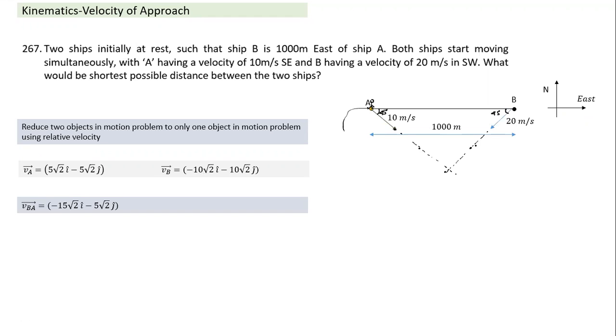To find the relative velocity, VBA, the velocity of B as seen from A, you are observing the motion of B from A. If you observe from ship A, this is the velocity B will appear to have. If I draw a figure, this is what VBA will look like, and I can find this angle theta also. Tangent of theta is the y component divided by the x component, which comes to 1 by 3. So tan theta is 1 by 3. This is the line along which it will appear to be moving.